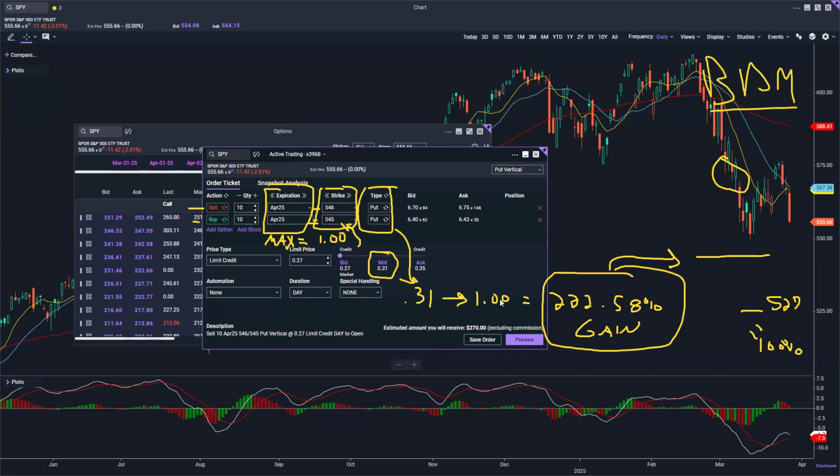So that was going for 31 cents. The max that could be worth is $1 right there. And all you need is SPY to be at or below 545 a share to have that max gain of 222.58%, compared to that SPY put that you needed it to be at 527 for 100% gain. So very nice vertical put spread to look at here. I think that was not for the April, that was for the May expiration.